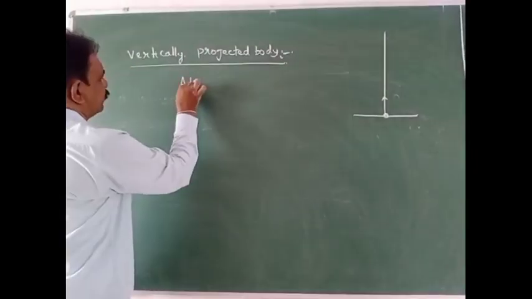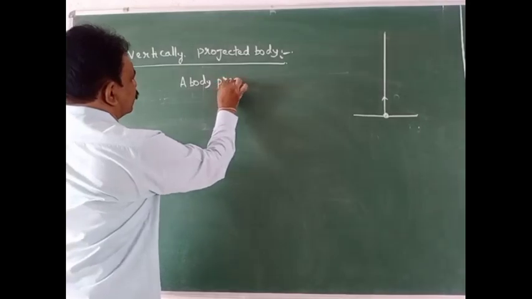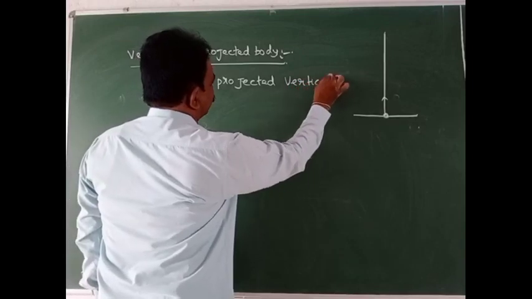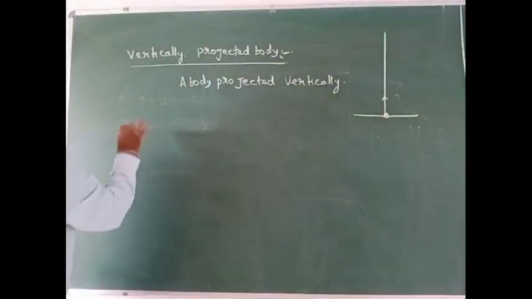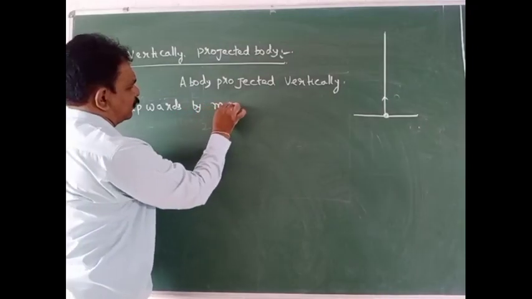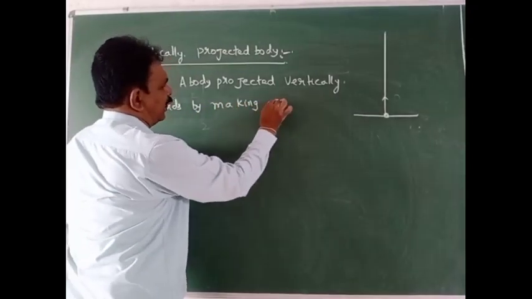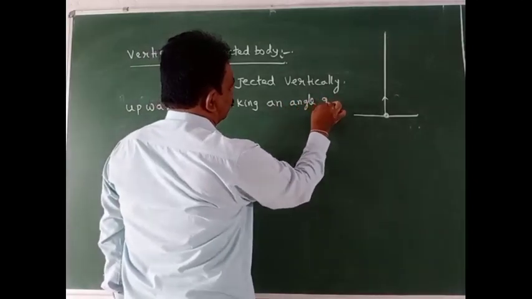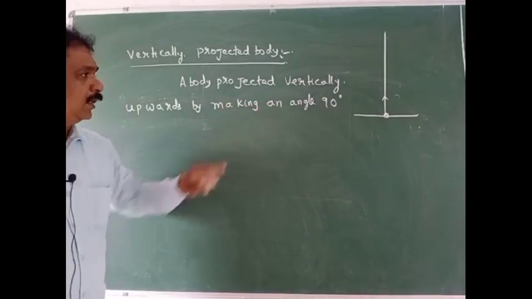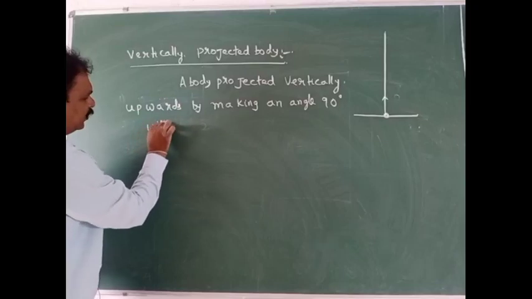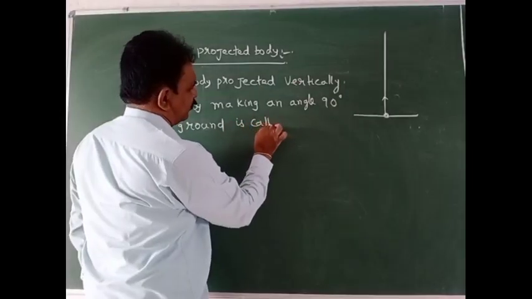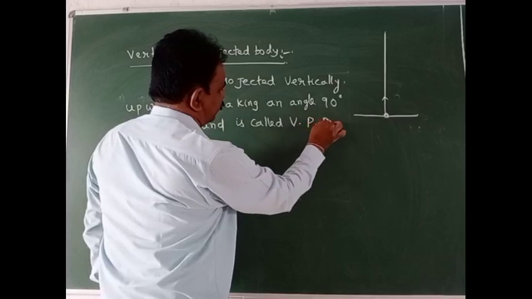A body projected vertically upwards by making an angle of 90 degrees with the ground is called a vertically projected body.